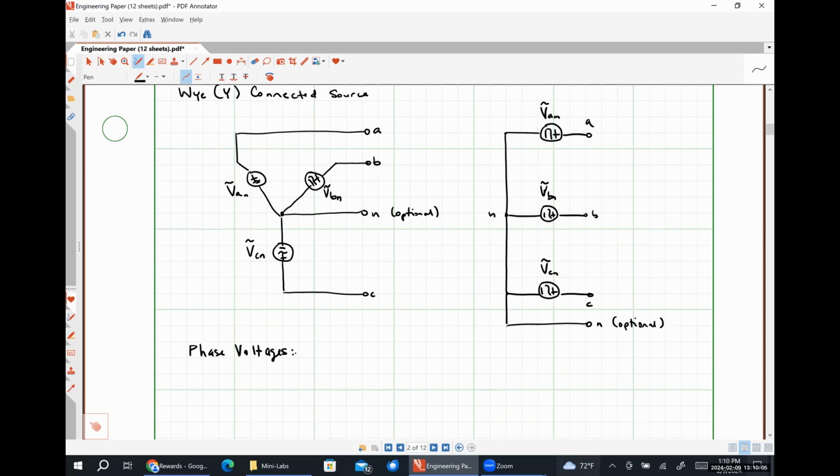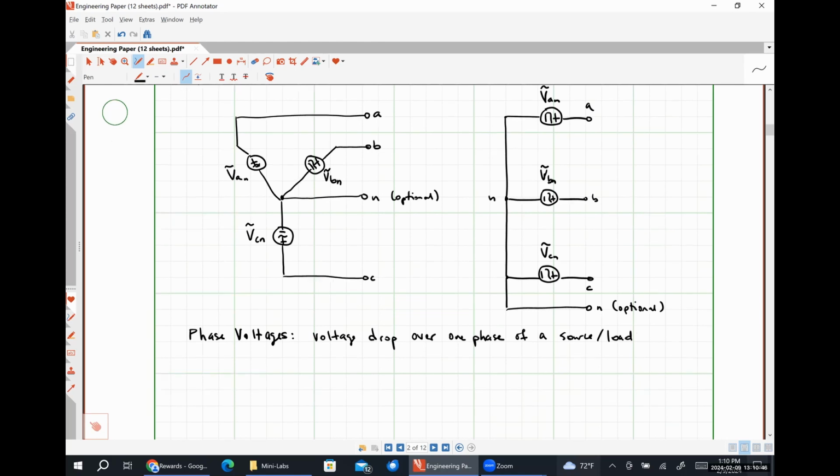Okay, so here's where we're going to get into some definitions, and this is where the trouble really begins. A phase voltage is a voltage drop over one phase of a source or load.